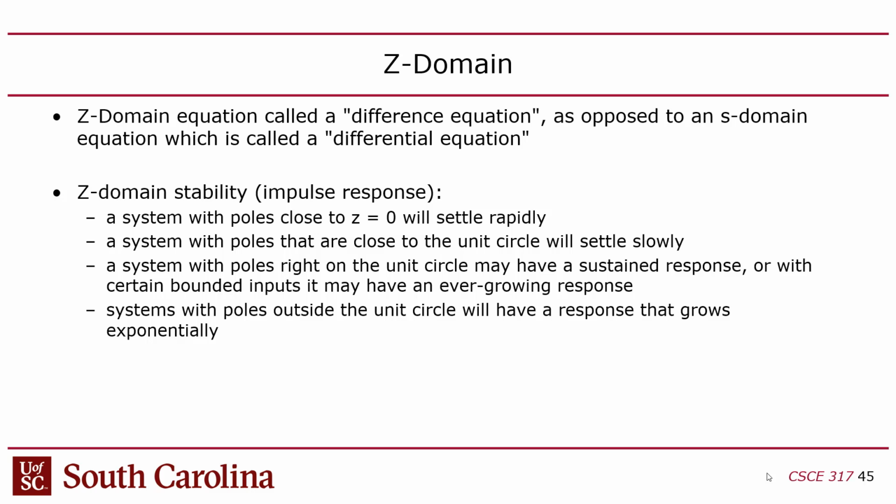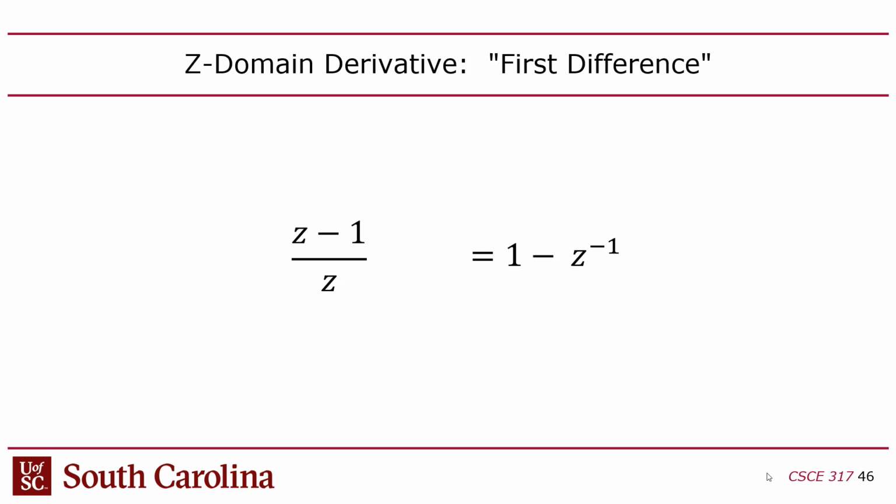All right, exponential response. Okay, so what about derivatives and integrals then in the Z-domain? This is the confusing thing. Integrals and derivatives don't really directly even apply to a discrete system. What you have here is something called a first difference that's kind of a stand-in for a derivative. The notion of a derivative in the Z-domain is z minus 1 over z, right?